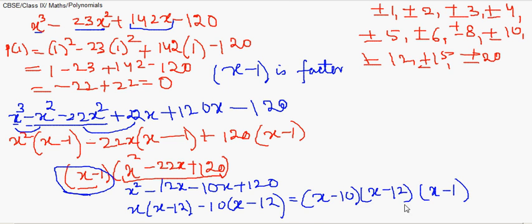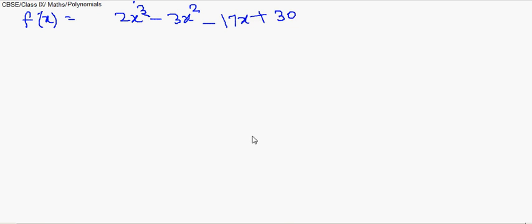Otherwise, if this method doesn't seem comfortable, you might take on one more method. I take up another question to give you a method which can maybe be more comfortable. Suppose f(x) is given as 2x cube minus 3x square minus 17x plus 30.